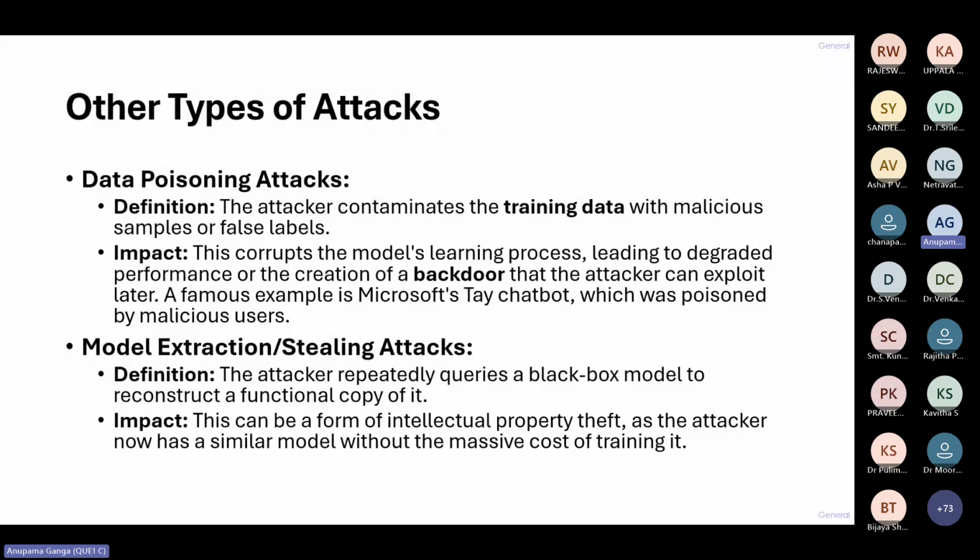So without any authorization, he is replicating the functionality. Okay, so basically this has multiple kinds of impact. One is an IPR threat, and the next is that the defense mechanism is also broken. Okay.